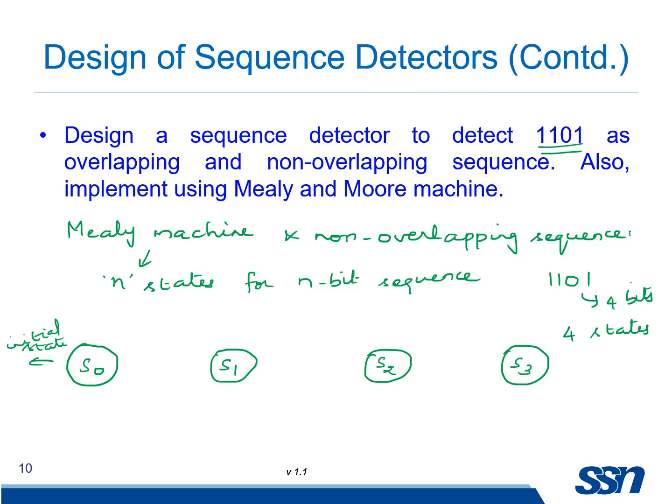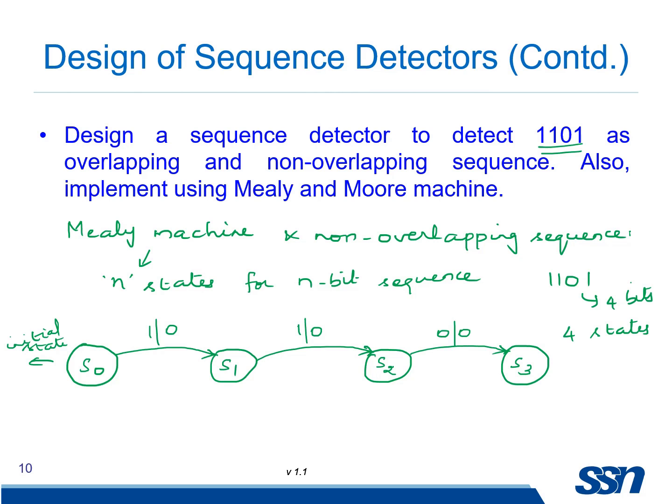So what we shall do is, from the initial state, let me go to the next state for input 1 and my output will be 0. The next bit that I need is another 1. So here also input is 1, output is 0. The next bit is 0. So 0 and 0.